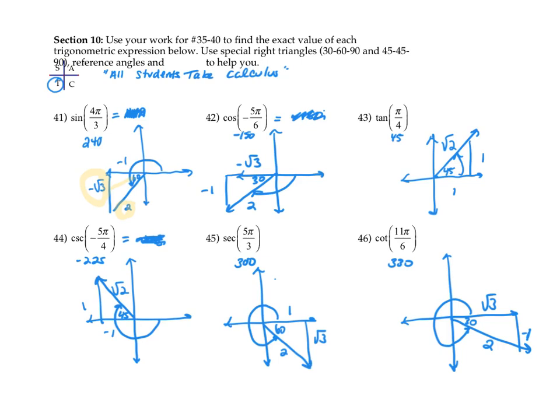So our final answer would be negative square root of 3 over 2. Okay, for number 42, our equivalent angle was negative 150. That puts us in quadrant 3 again. Cosine is negative in quadrant 3. Cosine is adjacent over hypotenuse, so it will be negative square root of 3 over 2.